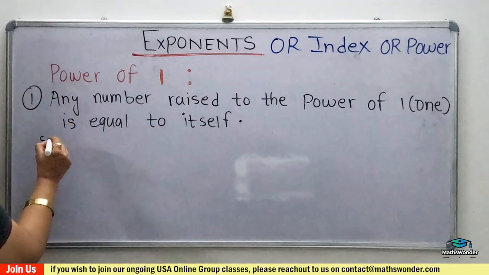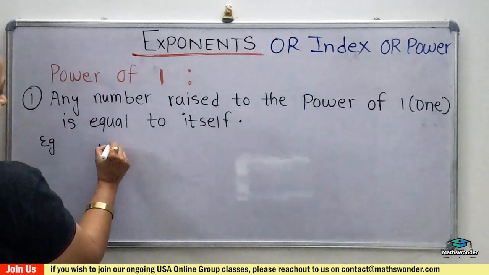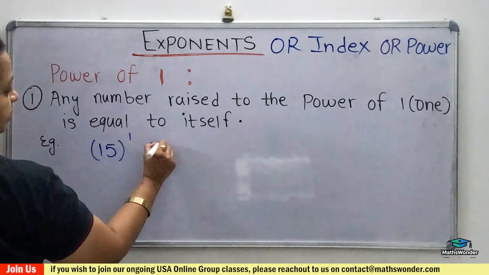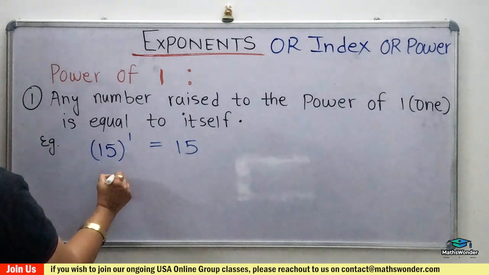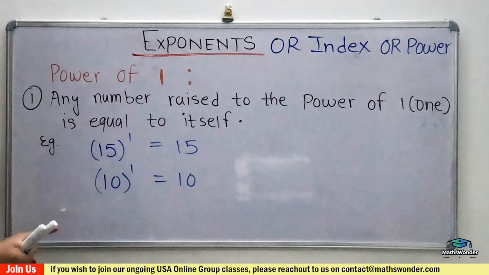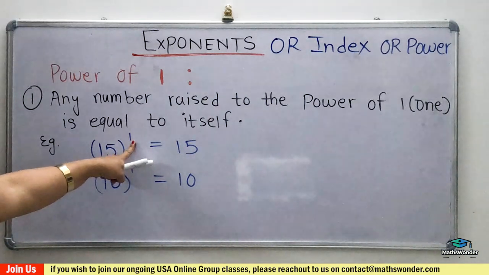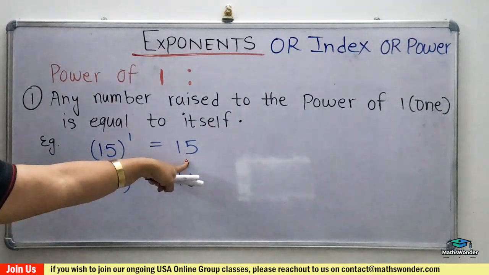How? See the example. Suppose any number, 15 raised to the power 1, is 15 itself, right? 10 raised to the power 1 means 10 itself. So any number raised to the power 1 is equal to itself.